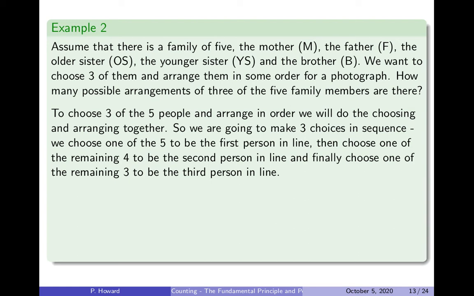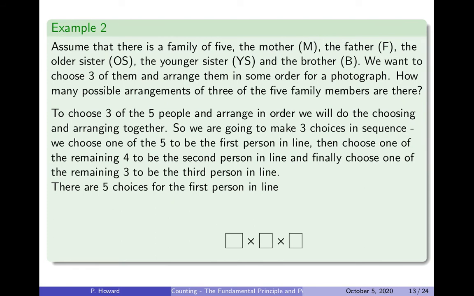So the plan is that we are going to make three choices in sequence. We will choose one of the 5 family members to be the first person in line. Second choice will be to choose one of the remaining 4 family members to be the second person in line. And then finally, our third choice will be to choose one of the 3 remaining family members to be the third person in line.